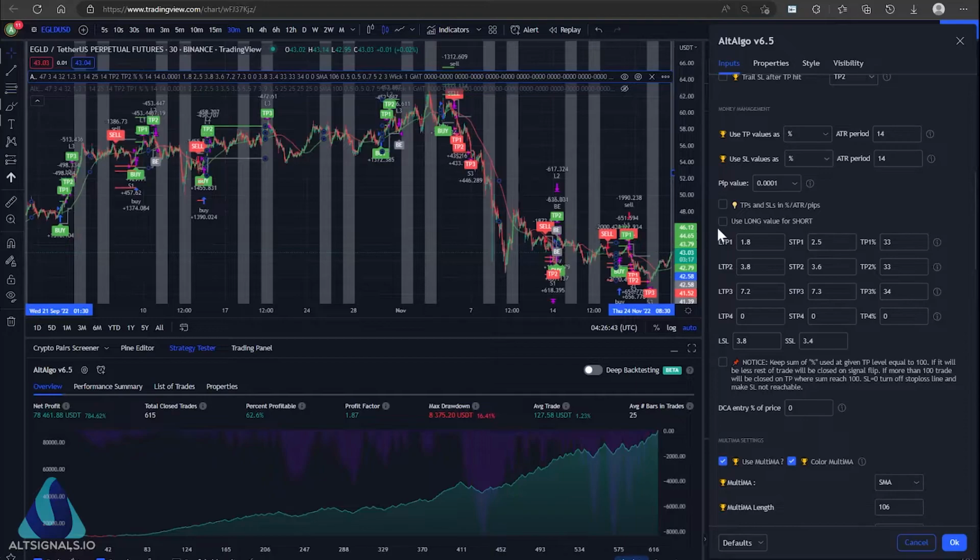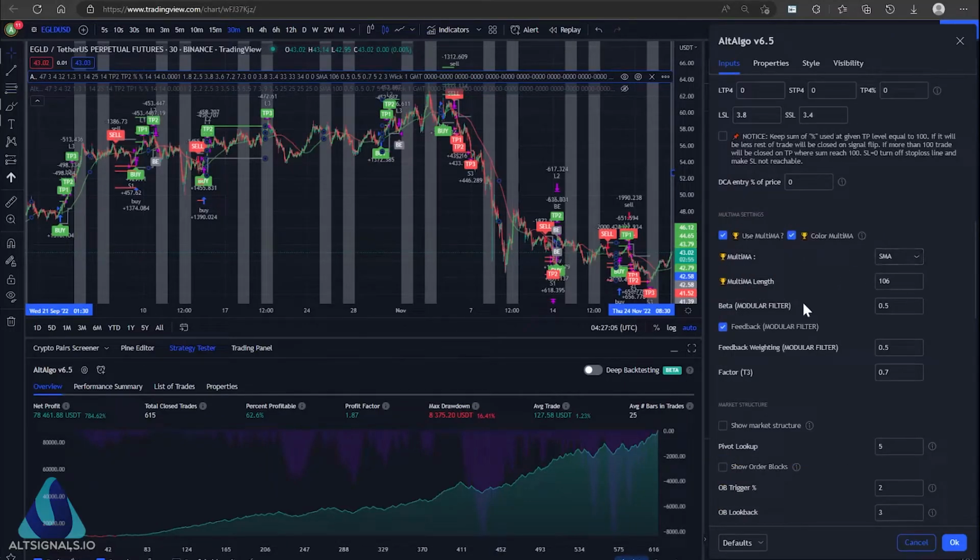So eventually I found out that these are my ideal values, so I fine-tuned it with an accuracy of 0.1. And also the stop losses I was able to reduce a little bit more. Then also my moving average I had at 100, and I was able to improve to get to 106. That seems to be more ideal, and it gives me better results.